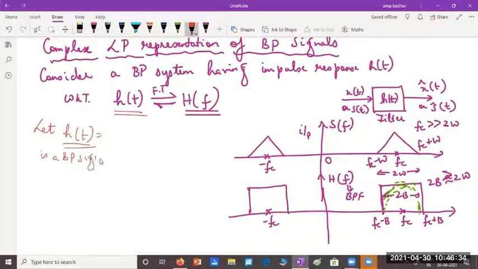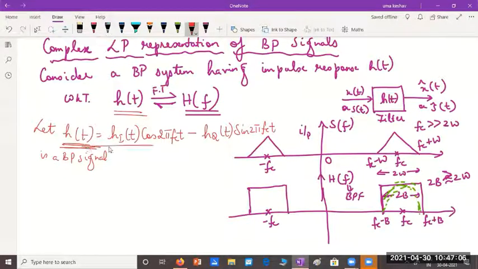What is the canonical representation of a bandpass signal? How do I write the mathematical canonical representation of a bandpass signal? Just now we have written it so many times. In-phase component into cos 2 pi fct minus quadrature phase component of the signal into sine 2 pi fct.